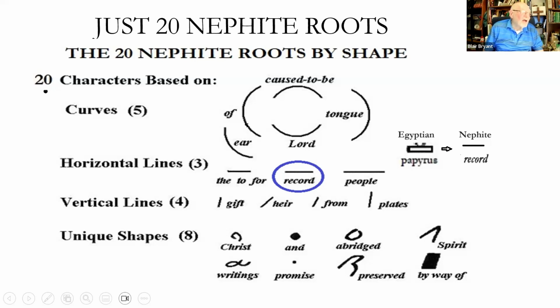So a tongue can become anything from an account, a language, the word spoken. You see, it's a concept that we've got to deal with, and not necessarily the tongue itself.